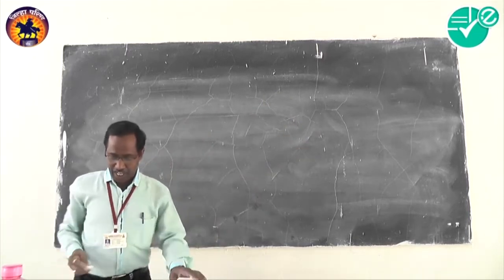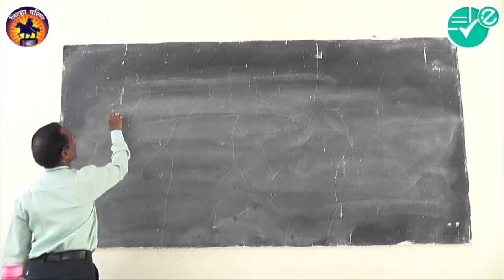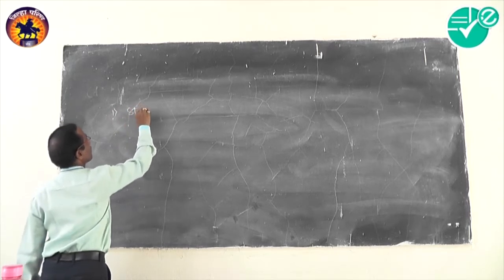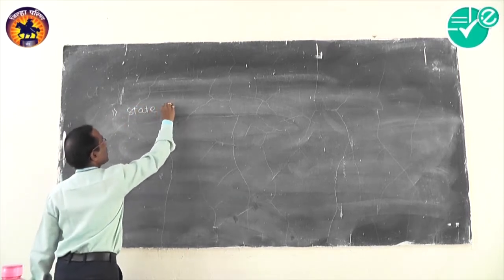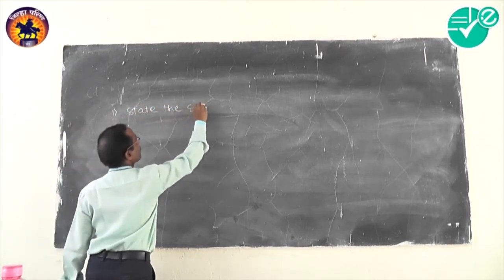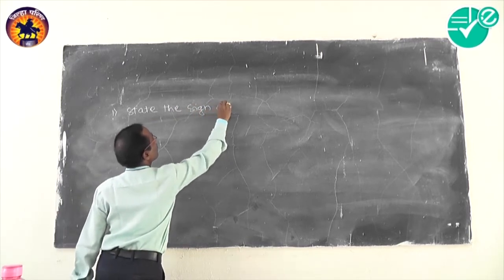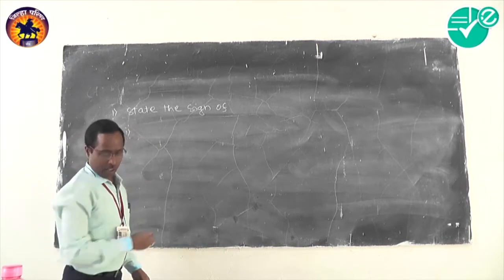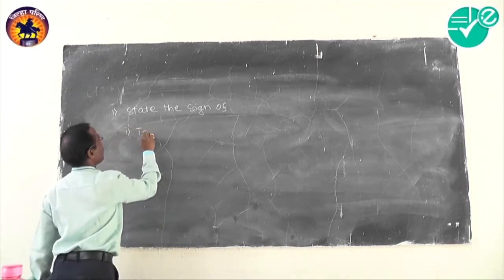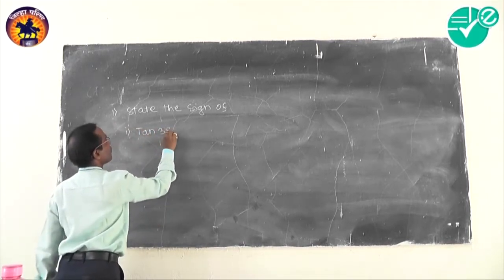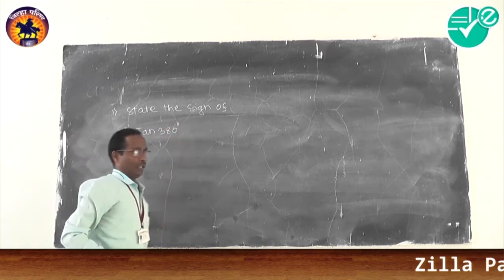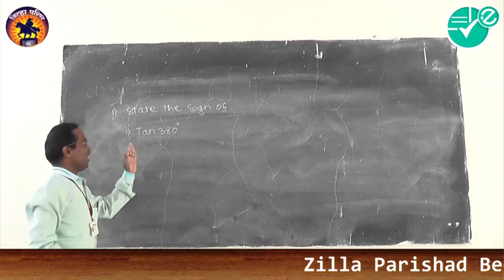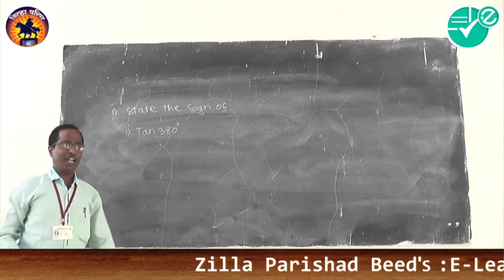State the sign of the first example, tan 380 degree. We want to find the sign of tan 380 degree.